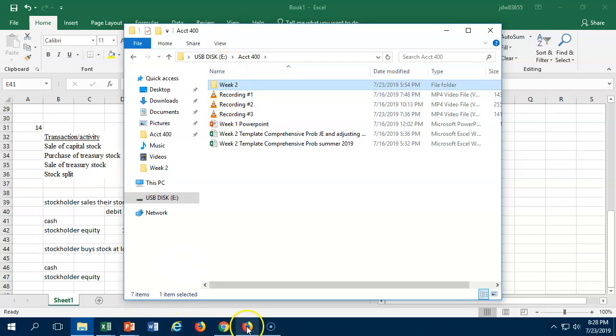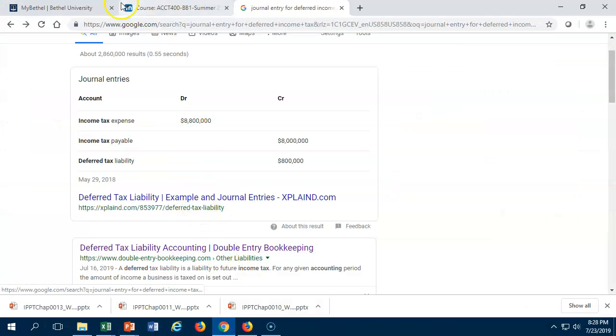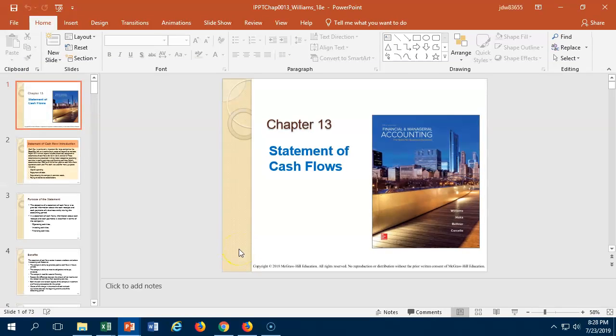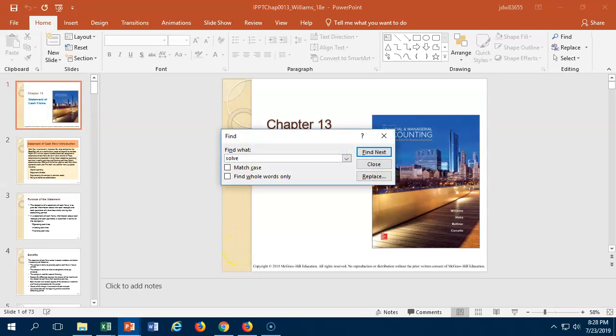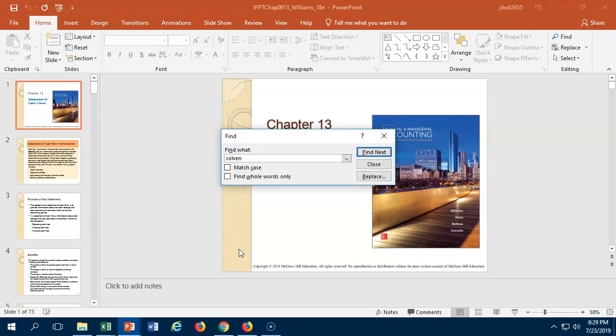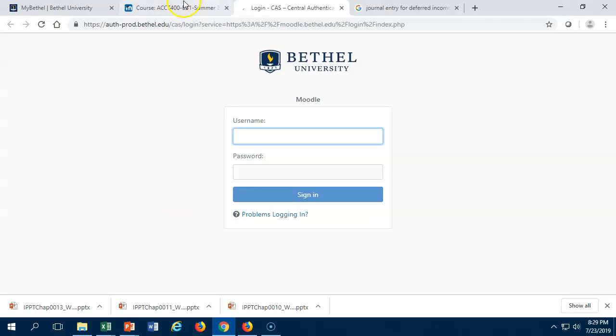Oh yeah, it's not in the slides. Is there a definition in the textbook? I don't know if there is or not. Solvency.